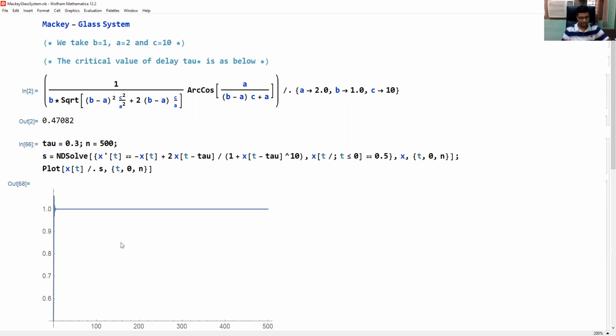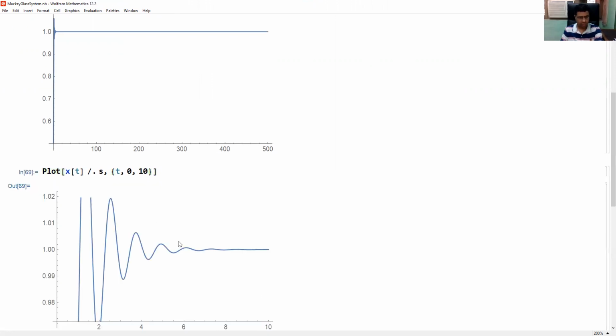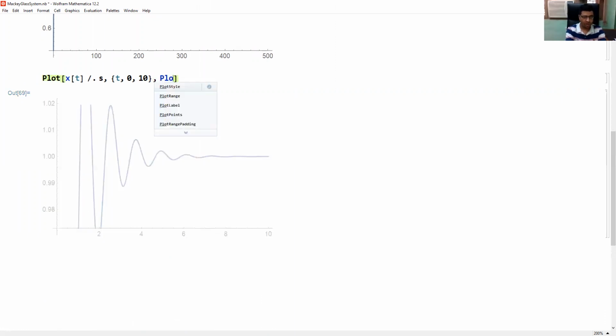We can see that it is converging to 1. So we may plot from 0 to 10, say. There is no discontinuity here. We just have to put PlotRange All.